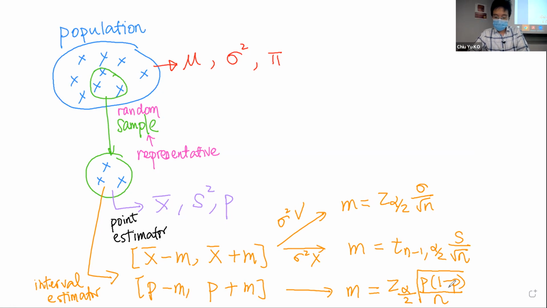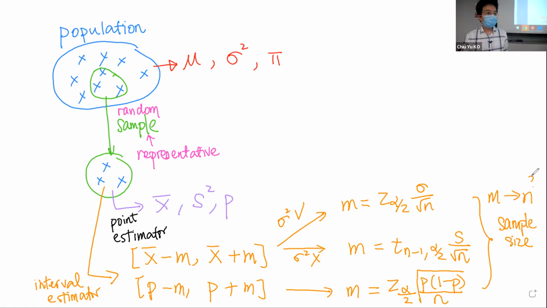There is also something that implies the sample size: if we fix M, what is N? I give M and ask what is N, so what is the sample size that we need? That would be the question.